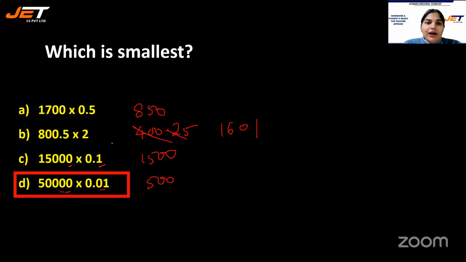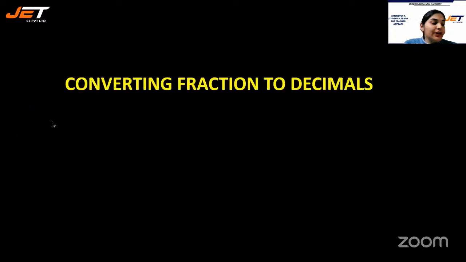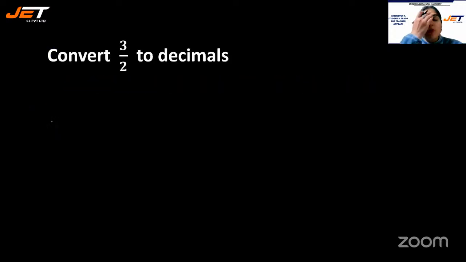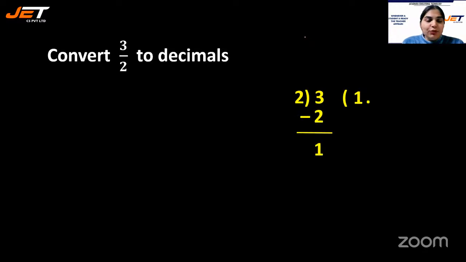All right. Now we will move to the next thing, that is converting fractions into decimals. How can we convert a fraction into a decimal? Just by dividing. Simple. 3 by 2. You have to divide 3 by 2. So 2 times 1 is 2, minus, you get 1. I'll put an extra 0 here and bring that down, because I'm getting 1 as the remainder.